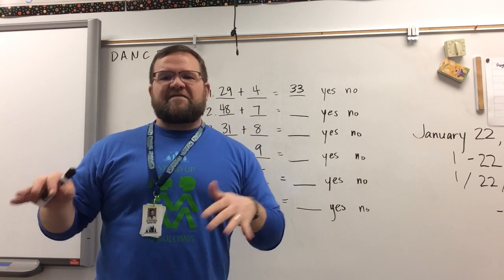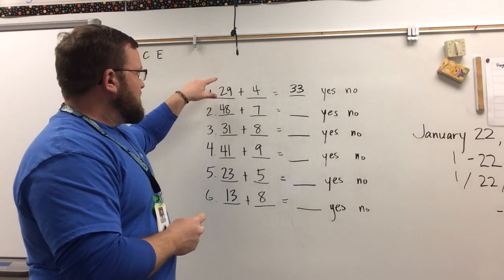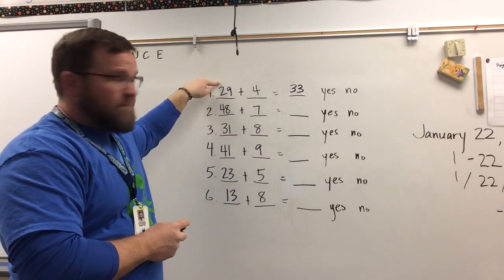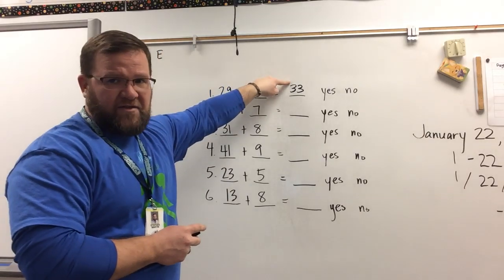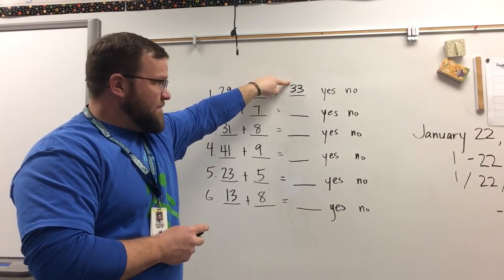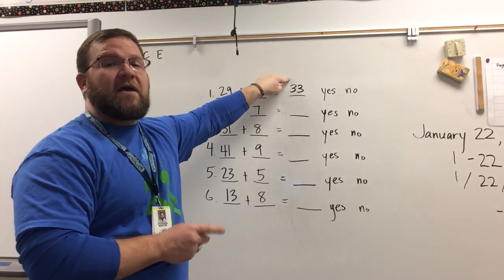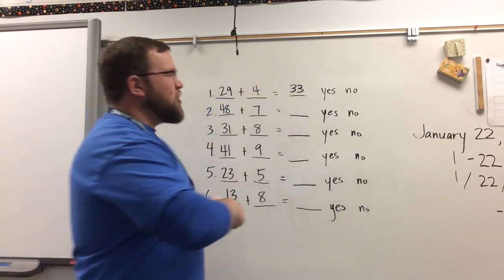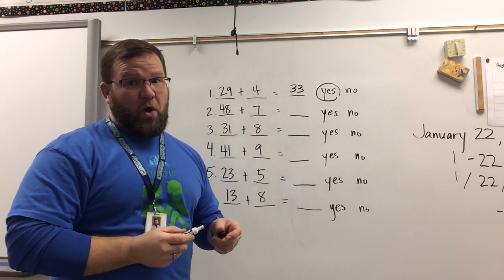It's just kind of a funny, fancy way of saying, did my tens place change? Look at our first number that we started with. We had a 2 in the tens place. Over here, what do we have in the tens place? 33. So, are those two numbers the same? No, they are not. That means they changed. So, yes, we regrouped for number 1.